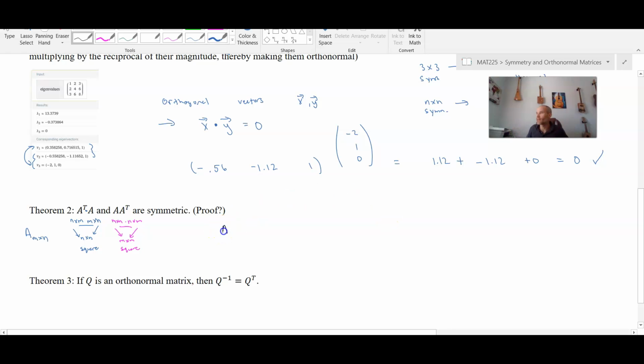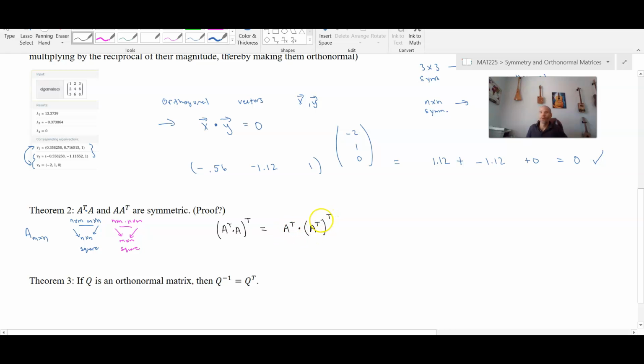So for instance, in case 1, if I take A transpose A and I transpose it, I should still end up with A transpose A if it's symmetric. Well, by properties of transpose, since this is a product, the transpose of a product is the product of the matrices transposed in reverse order. So here I'll have the second matrix, A transpose, multiplied by A transpose transposed.